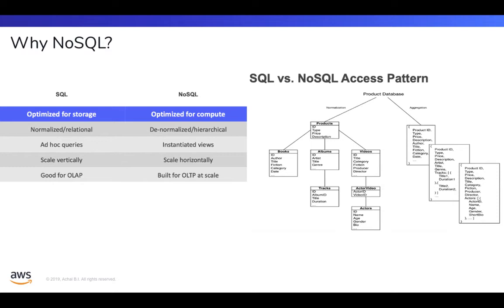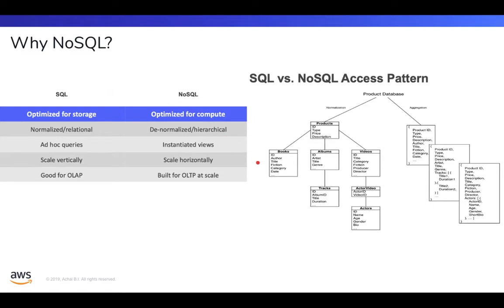There can be thousands of cars producing thousands of data points every second. NoSQL databases are built for such scale.